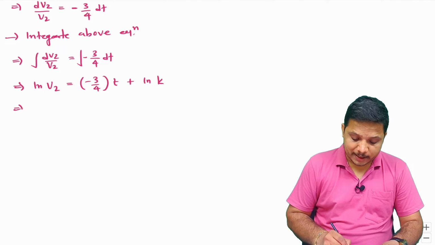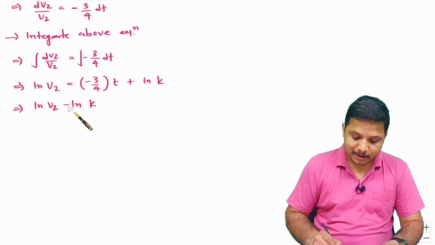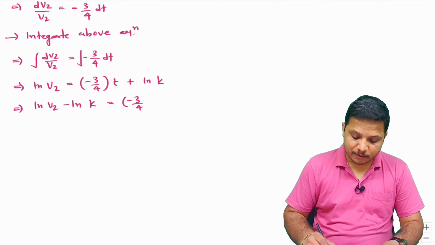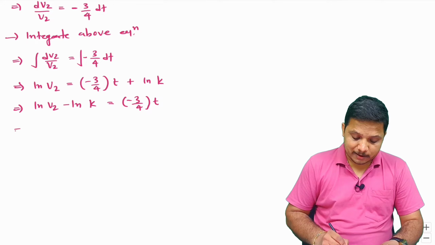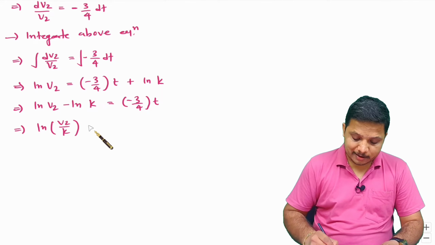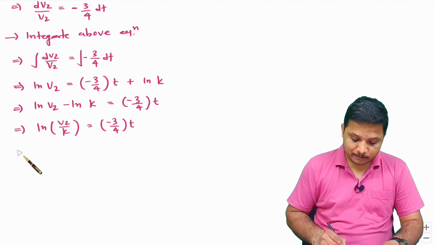And now you see what we can do is ln V2, and this term that will go on other side. So ln k, that will be minus ln k now, and that is equals to minus 3 by 4 into t. So this will be ln V2 by k, that is equals to minus 3 by 4 into t.